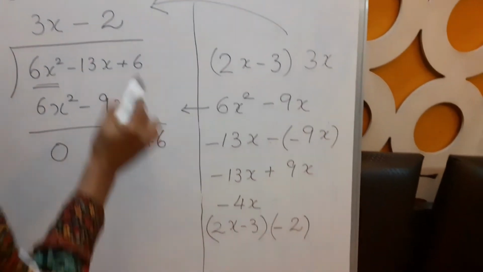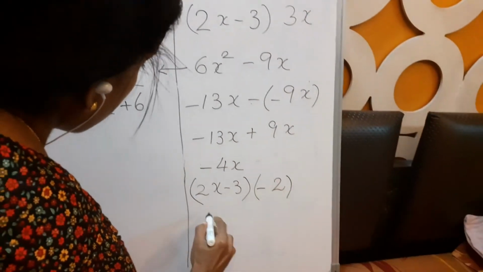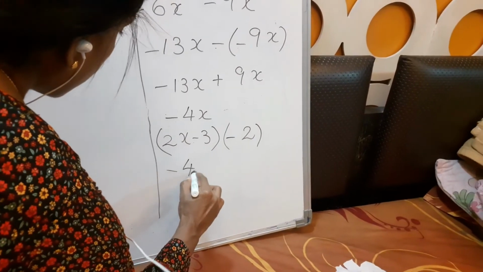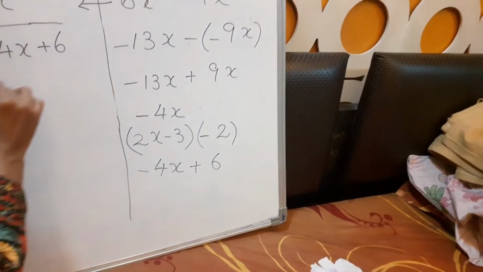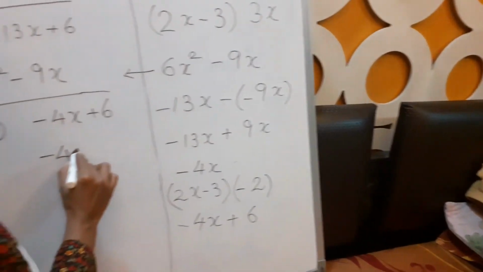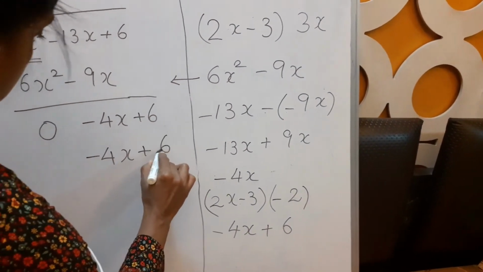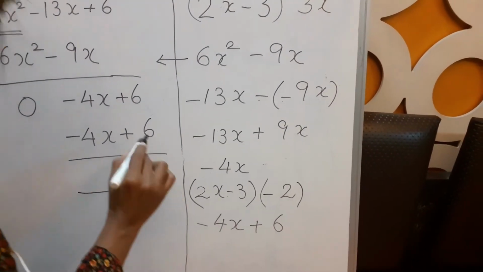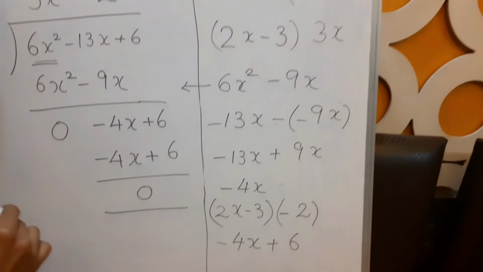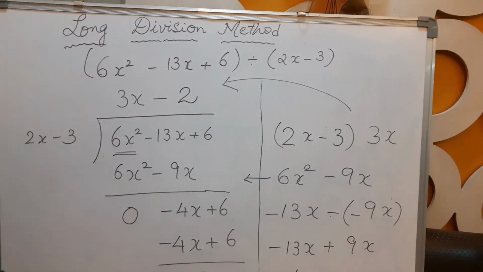So now when you solve this, it is minus 4x plus 6, which has to be written here, and now this is 0. So this is our quotient and this is our remainder.